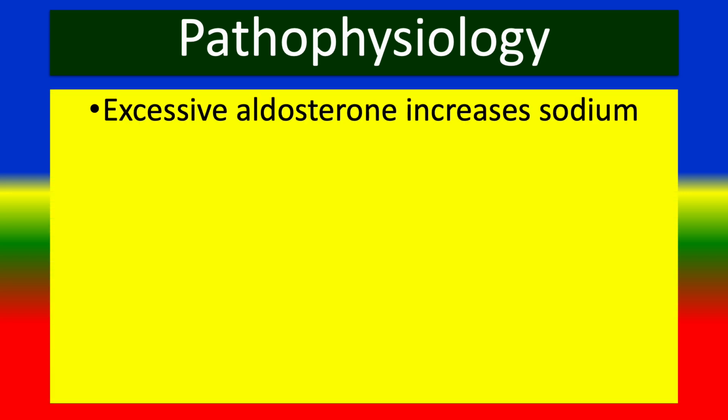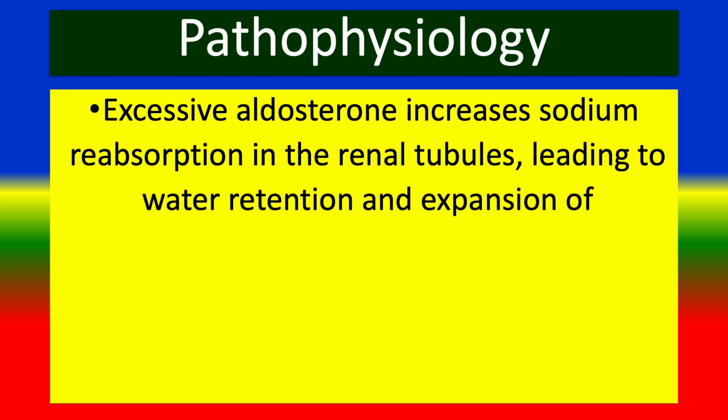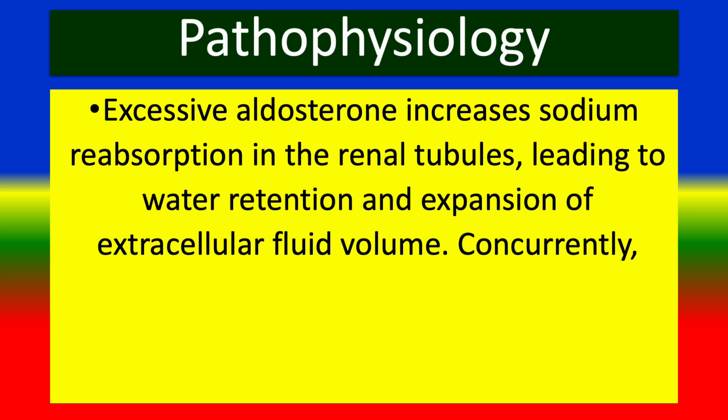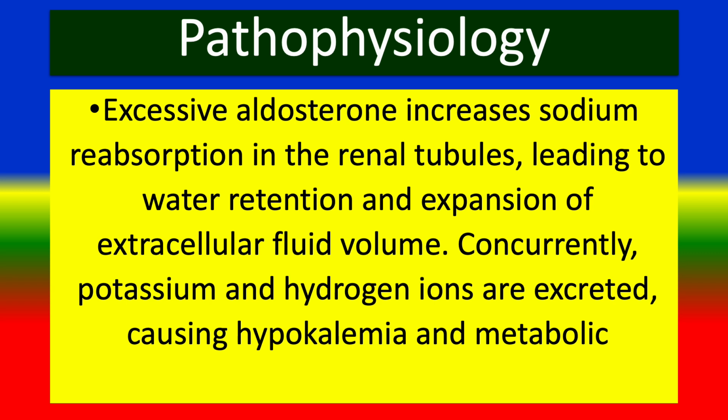Pathophysiology. Excessive aldosterone increases sodium reabsorption in the renal tubules, leading to water retention and expansion of extracellular fluid volume. Concurrently, potassium and hydrogen ions are excreted, causing hypokalemia and metabolic alkalosis.